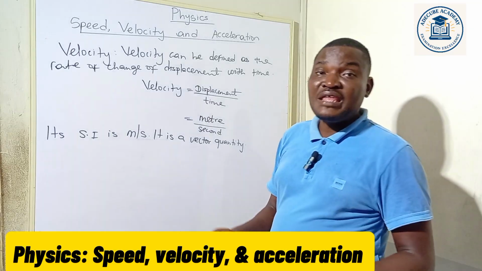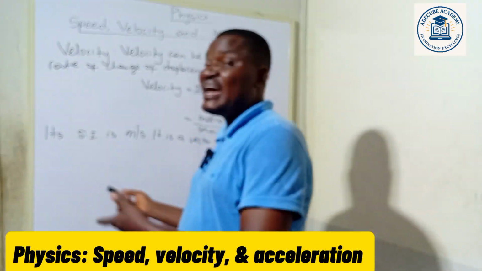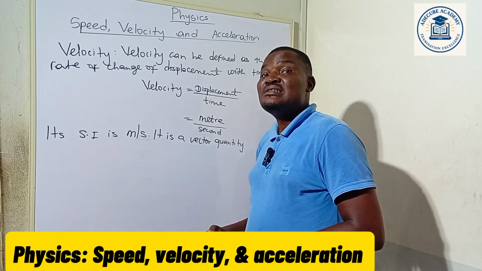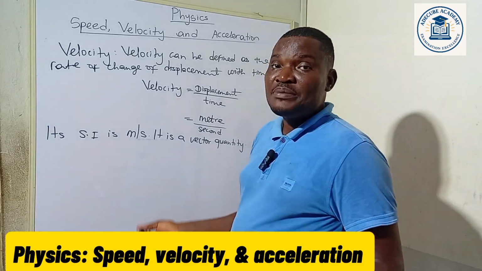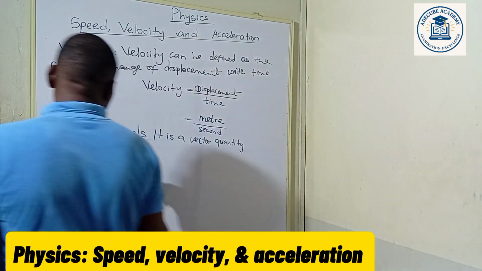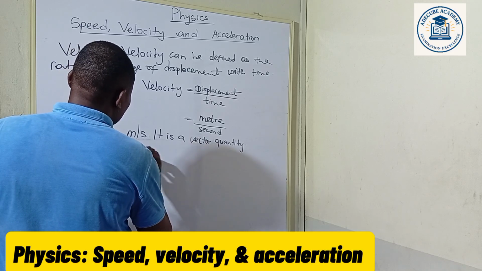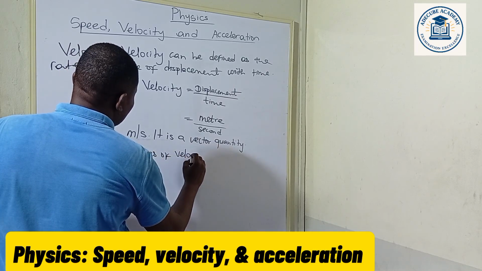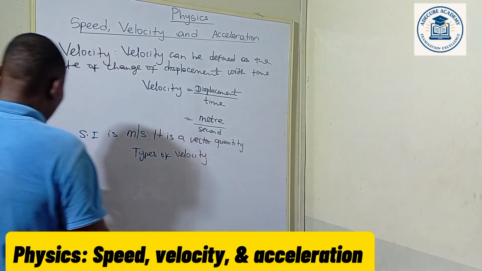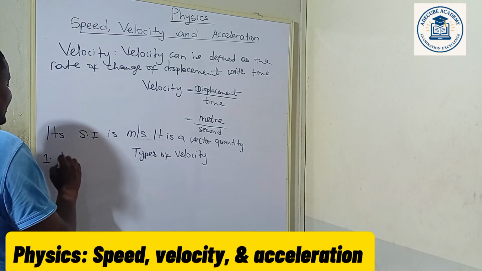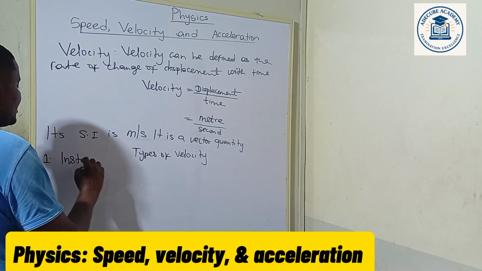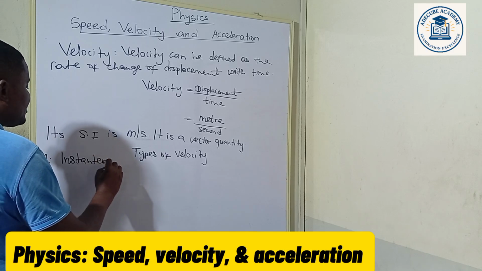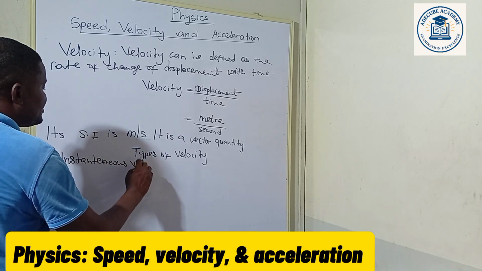Now, we have different types of velocity, just like we have in speed. What are the types of velocity that we have? Number one, instantaneous velocity.